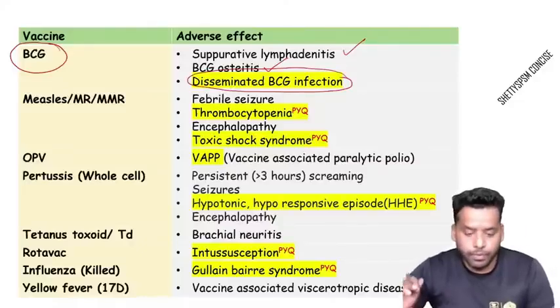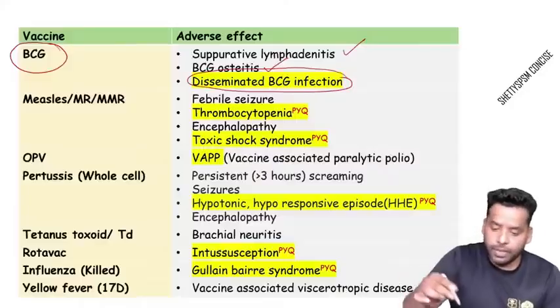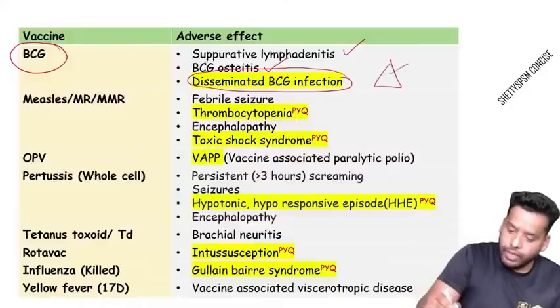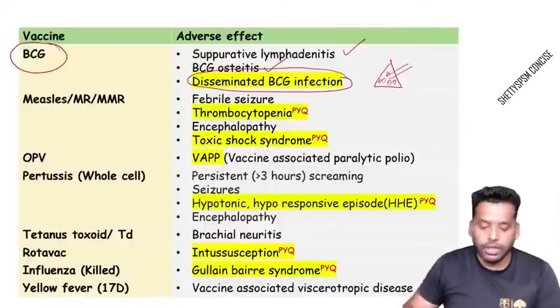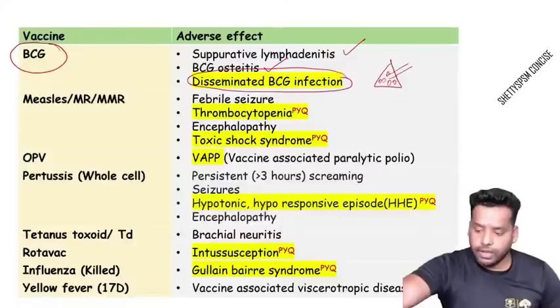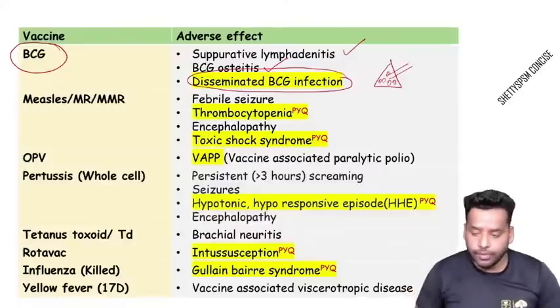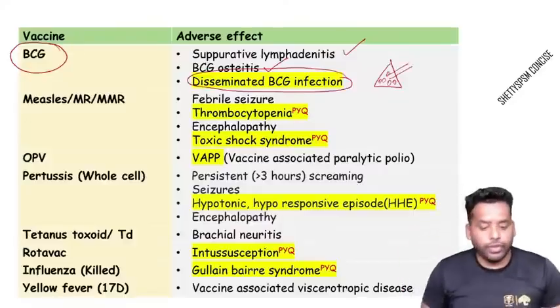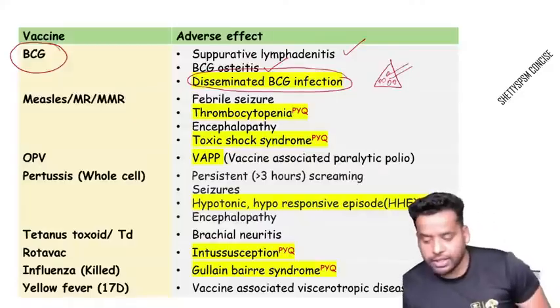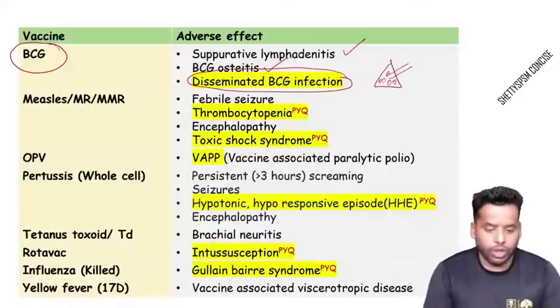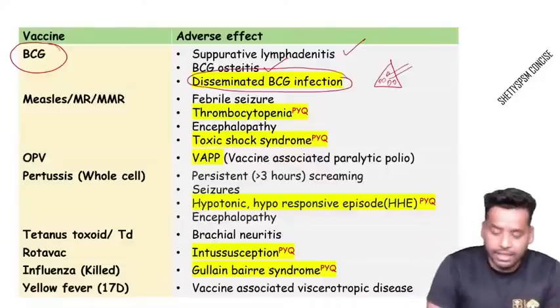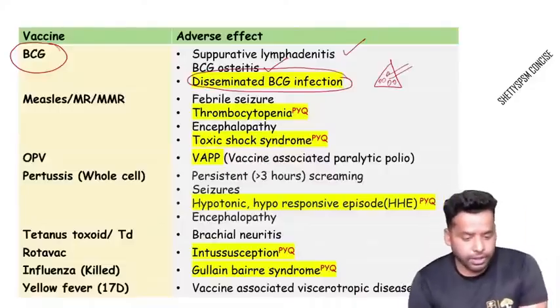Underline this word. Disseminated BCG infection will present as fever, weight loss, and chest infiltrates. If the child was given BCG vaccine and is presenting with fever, weight loss, and chest infiltrates, what is the diagnosis? Answer is disseminated BCG infection.